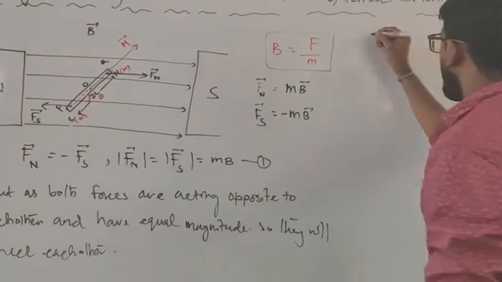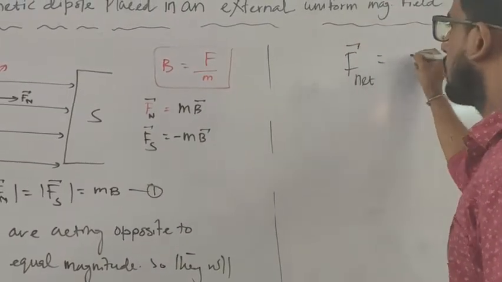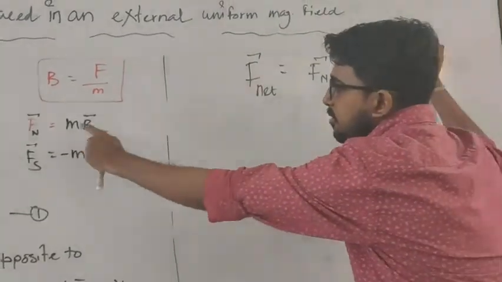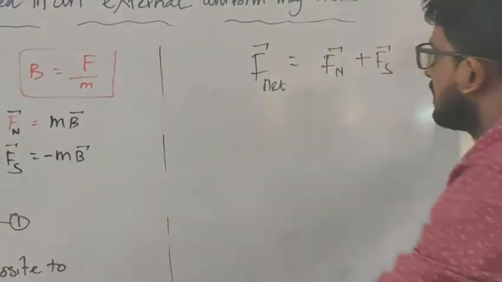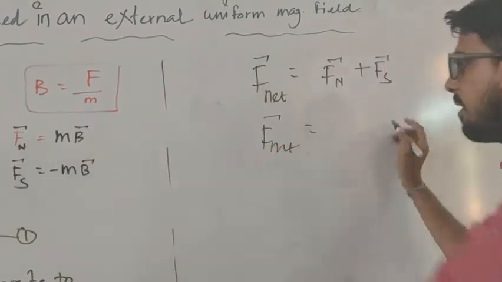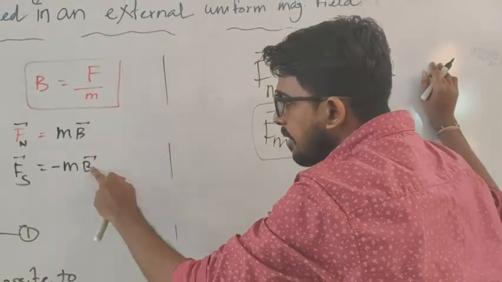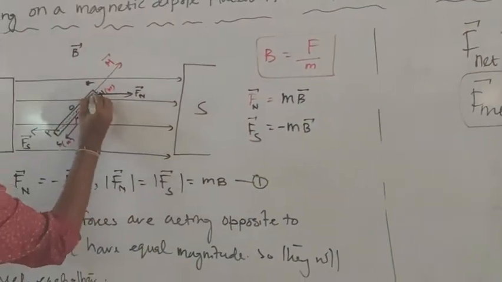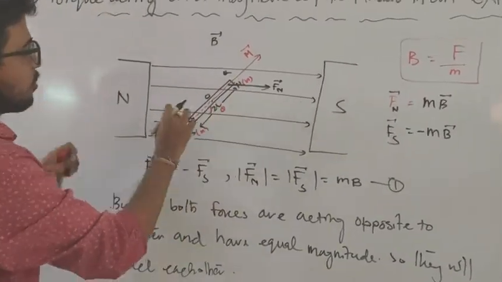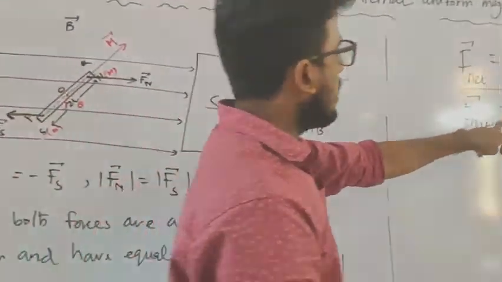So what will be the net force F net, which is equal to F on north plus F on south pole? From this we know north and south are both equal in magnitude but opposite in direction. So the net force acting on the dipole due to the external magnetic field will be 0. Clear? As MB plus MB are opposite in direction, the force on the north pole acts in this direction, and the force on the south pole acts in this direction. These two are equal in magnitude but opposite in direction, so the net force will be the sum of these two forces, which will be 0.